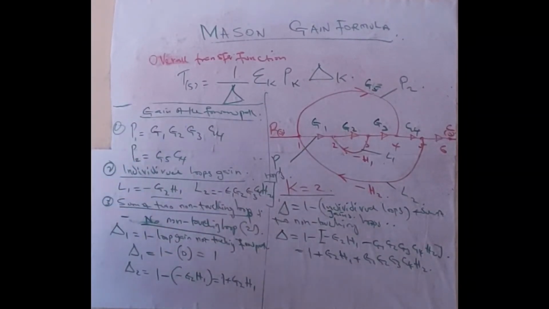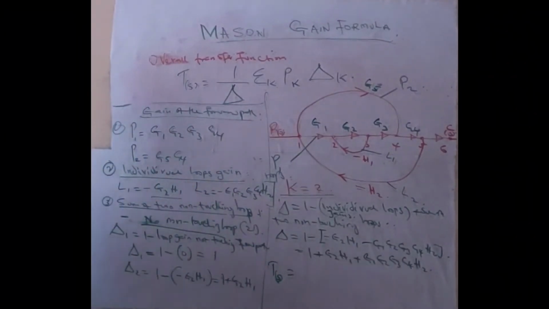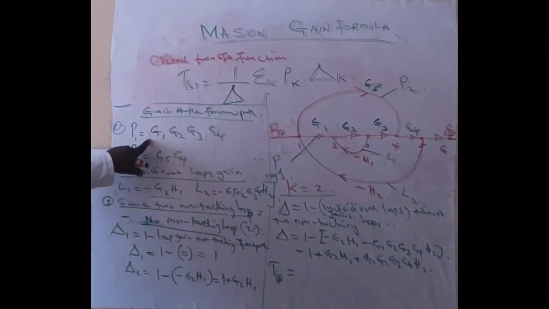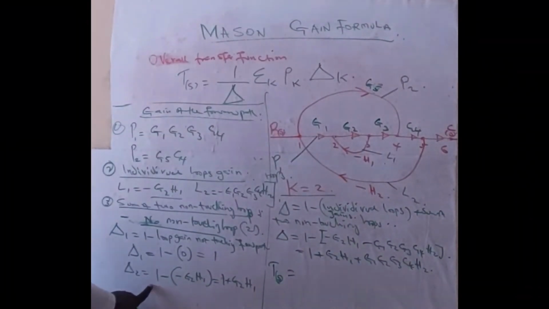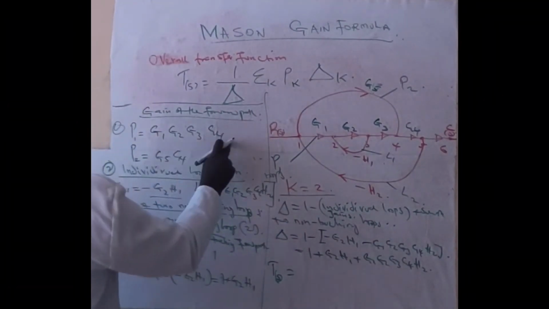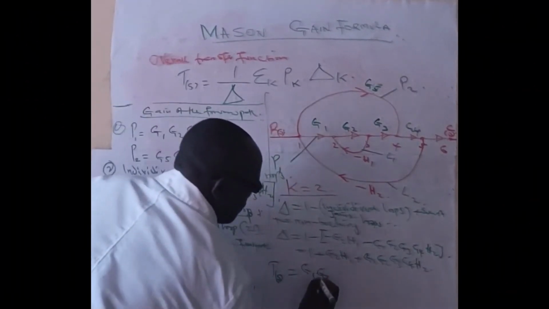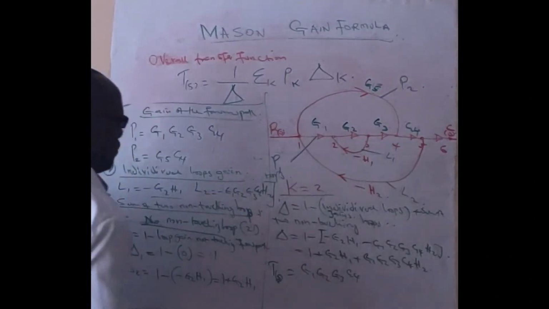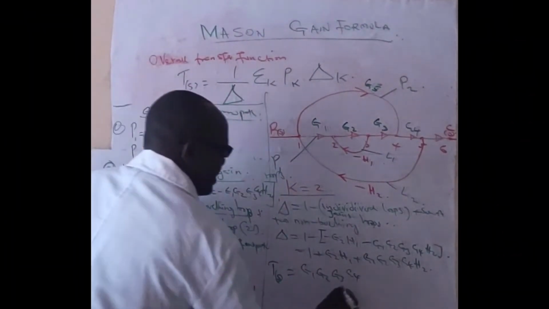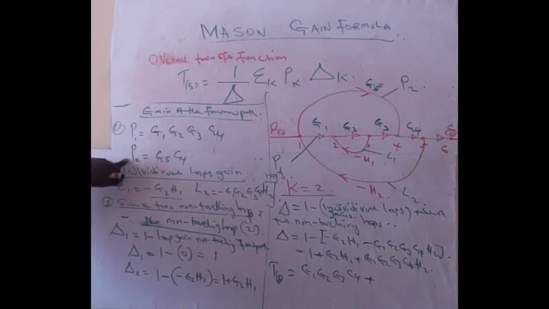Our transfer function is going to be equal to P1, which was this one, multiplied by delta 1, which was 1, so we retain that, G1 G2 G3 G4, and then plus the second forward path, which is this, multiplied by delta 2, and delta 2 is this one.